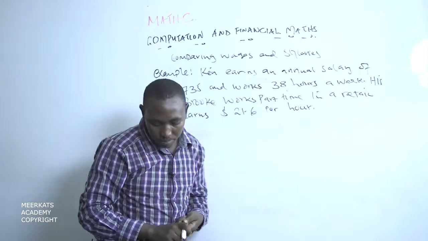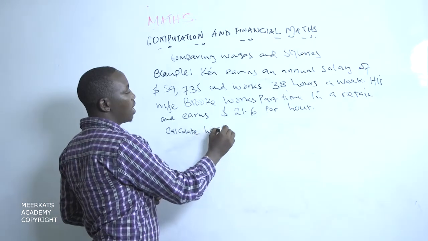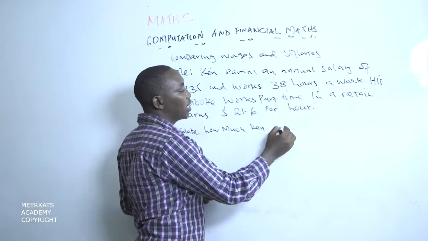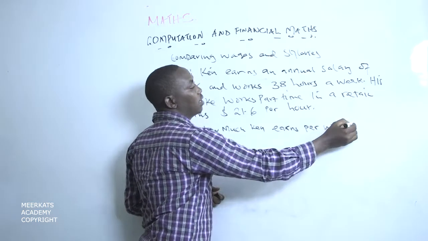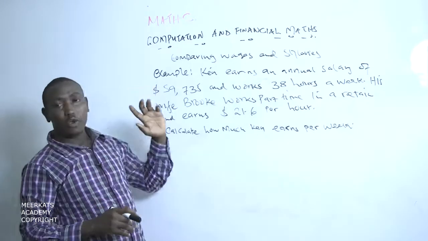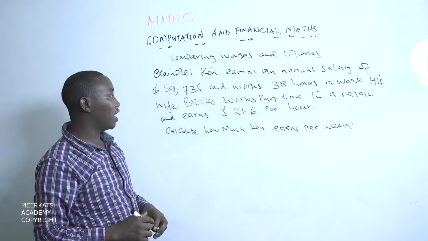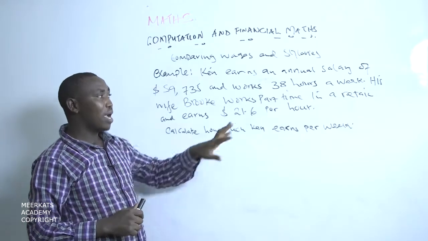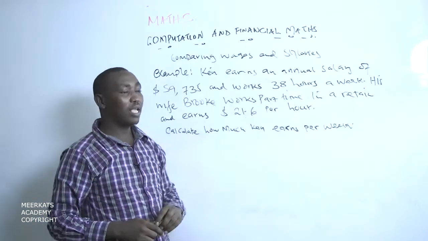The question is, calculate how much Ken earns per week. We've been told that Ken earns an annual salary of $59,735 in 1 year, and that he works 38 hours every week.